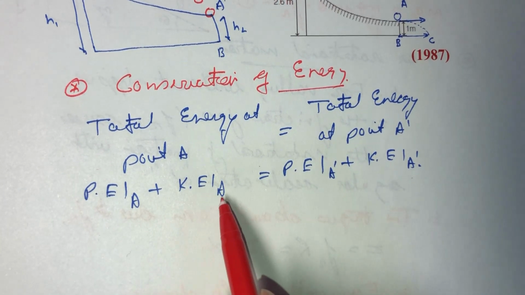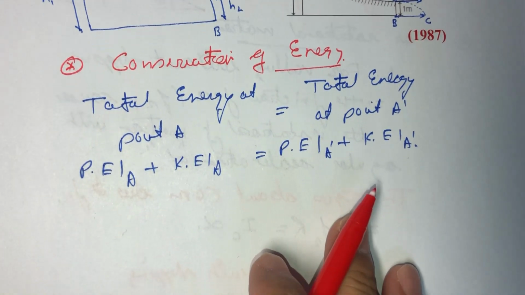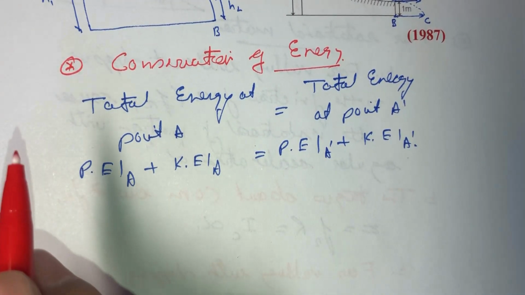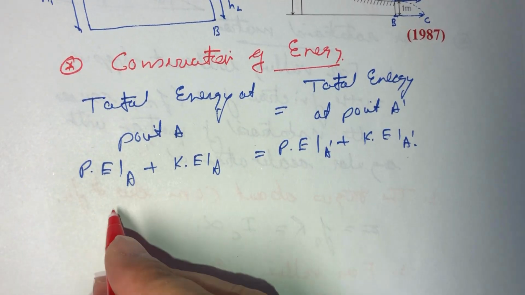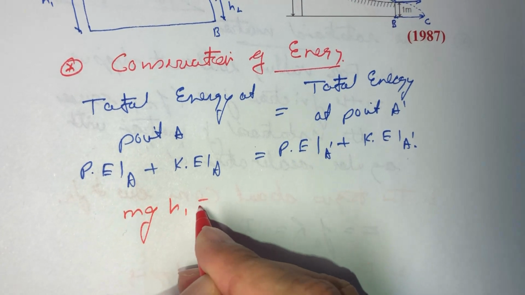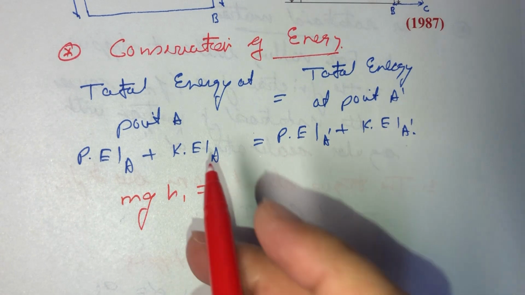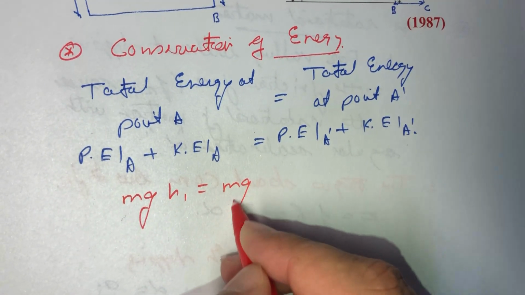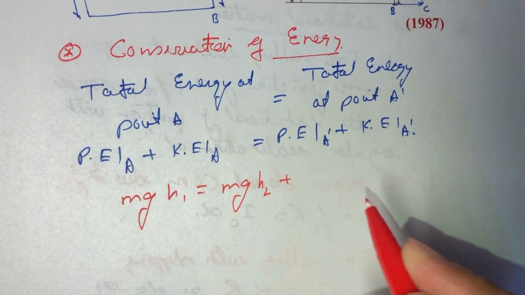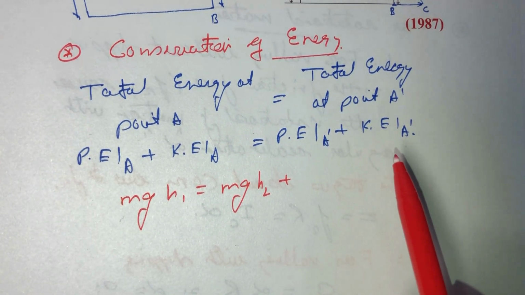The kinetic energy at A is 0 because there is no velocity. So the only energy present at A is the potential energy, given as mgh1, and this will be equal to the potential energy at A prime, which is mgh2, plus the kinetic energy at A prime.